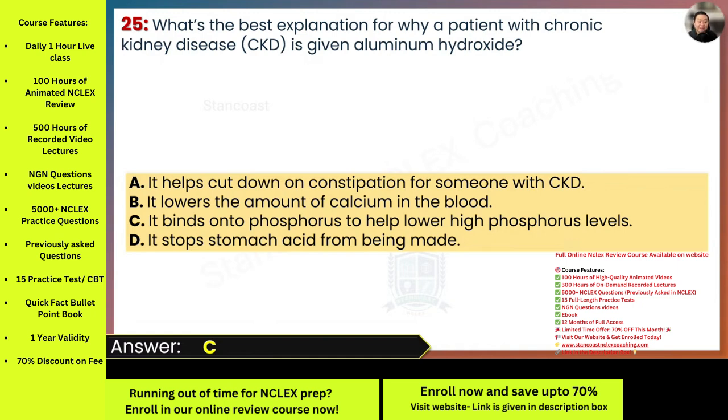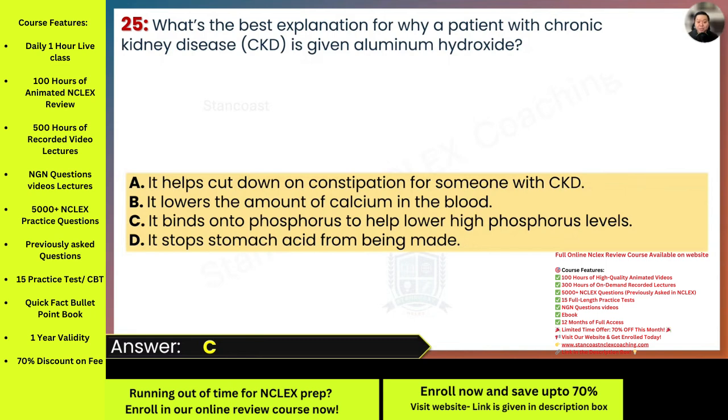And we have letter A as an incorrect option. It helps cut down on constipation for someone with CKD. This is incorrect because aluminum hydroxide can actually cause constipation, not relieve it. And so this is an important point to remember when dealing with medications in chronic kidney disease, because so many treatments can affect their digestive system. Letter B is also incorrect. This is because the aluminum hydroxide does not affect the calcium levels in the blood.